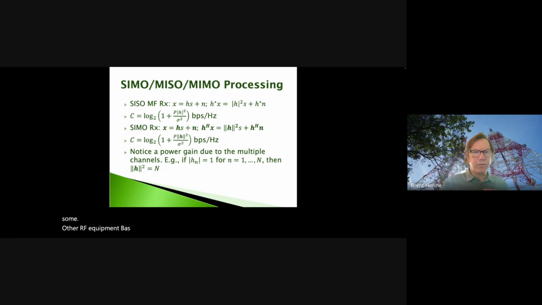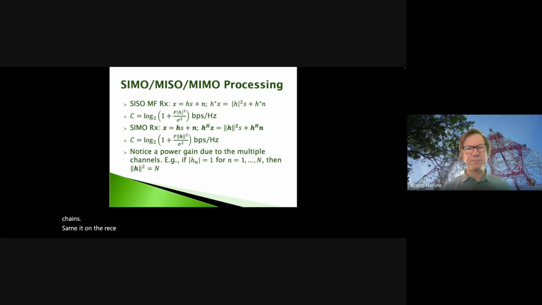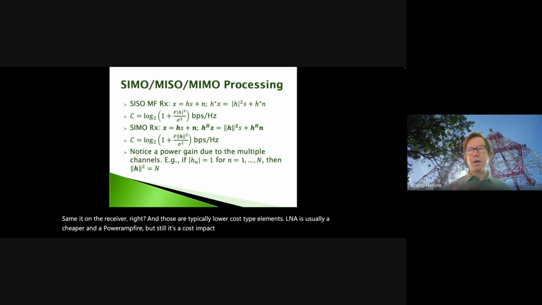Basically, that whole RF chain needs to be duplicated for each of these antenna chains. The same on the receiver, right? And those are typically lower cost type elements. LNA is usually cheaper than the power amplifier, but still it's a cost impact and more power consumption and that type of thing. So hopefully we do get a capacity boost, and yes we do, right?